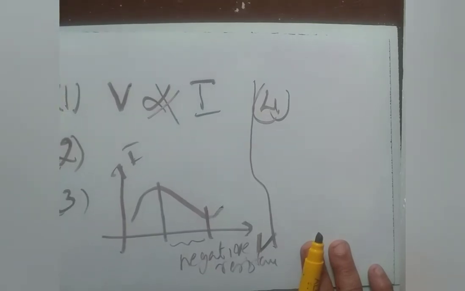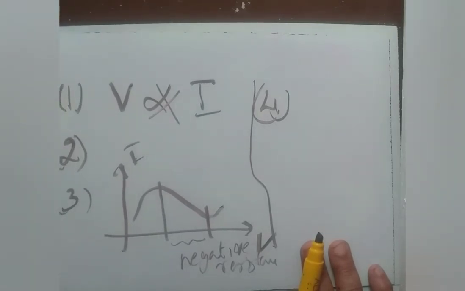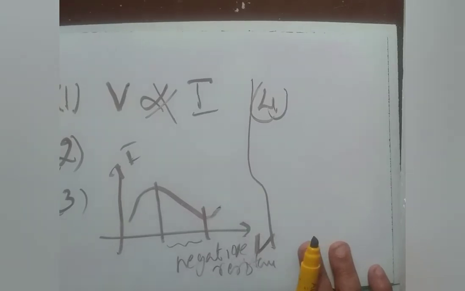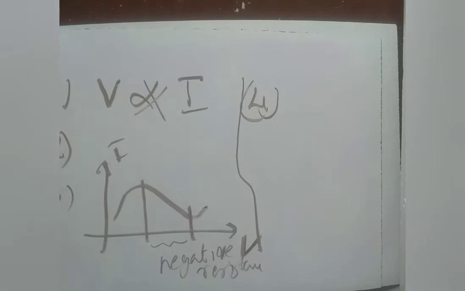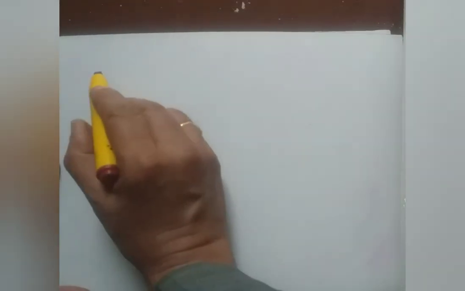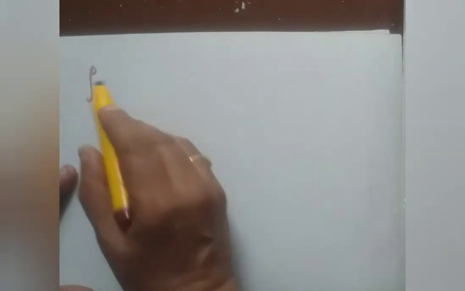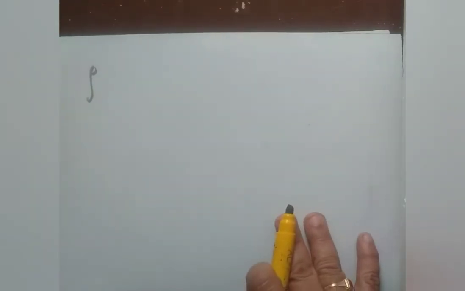With these things about limitations of Ohm's law, we proceed on to the dependence of resistivity and resistance of the conductor on temperature. Resistivity of metallic conductors depends on the temperature also.